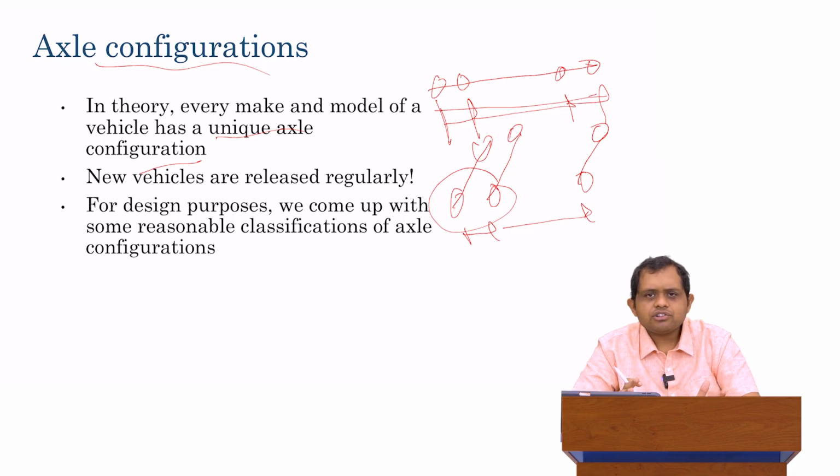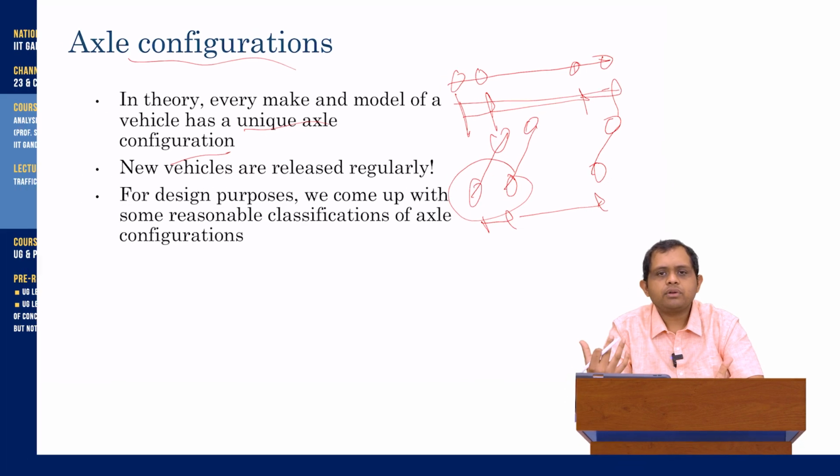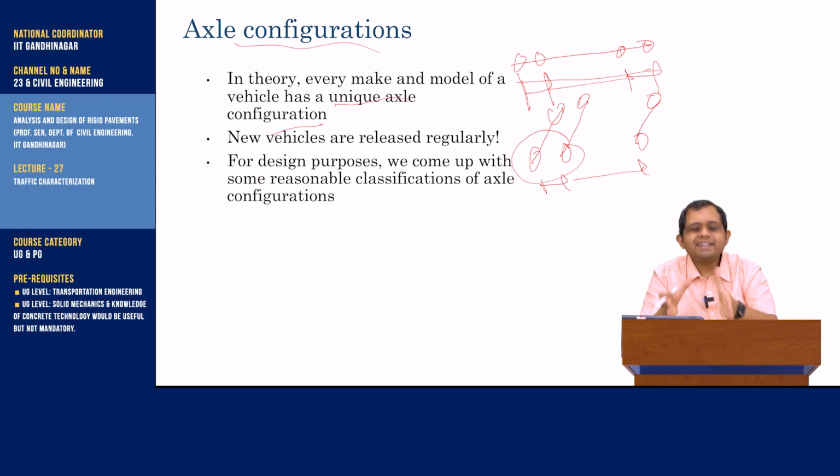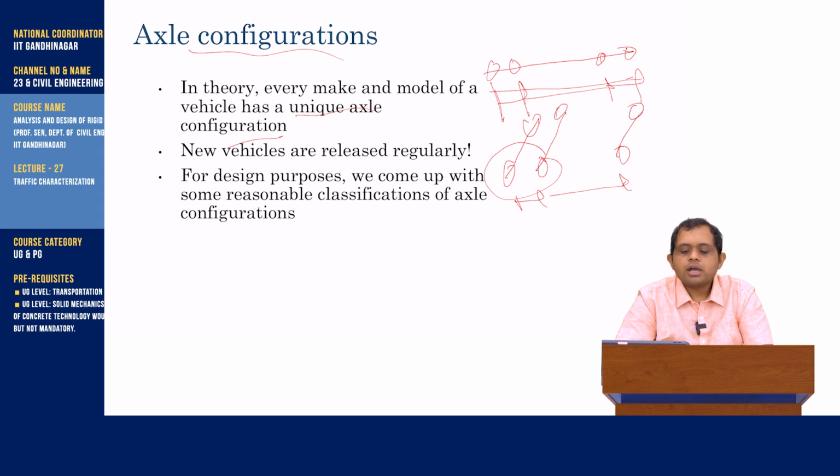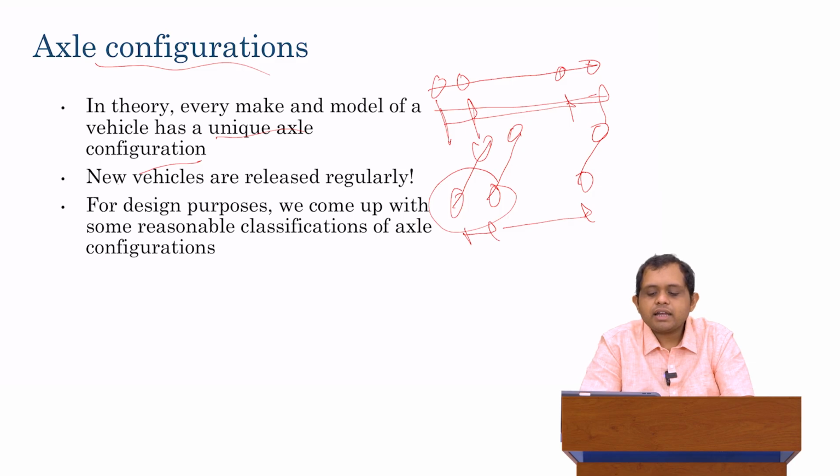I'm not a mechanical engineer. My understanding is that when you change your engine type, or change something with the aerodynamics, then for stability conditions, you have to actually move the axles around. So there is a particular configuration of axles which makes sure, for example, that the truck doesn't flip over if the engine has a particular load and a particular configuration. Mechanical engineers do these calculations. We don't really have to be concerned about it. But what we should understand then is that every year we get new vehicles which are released.